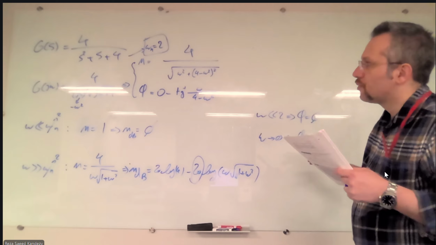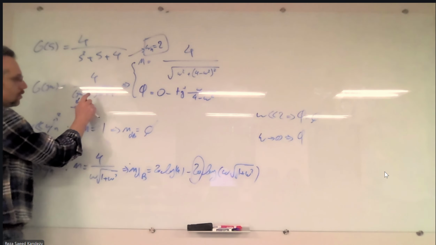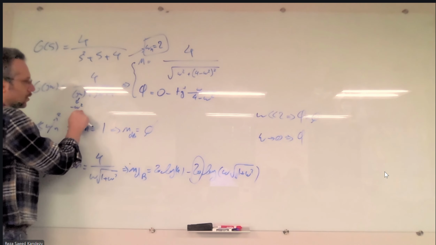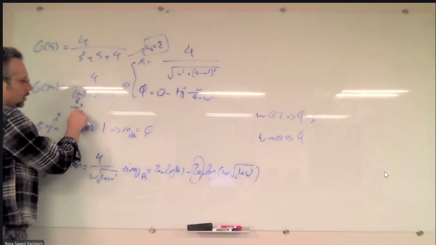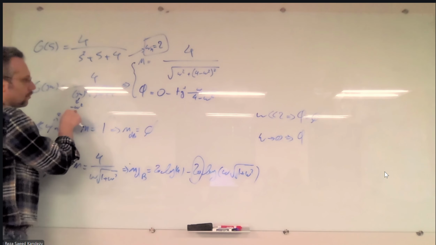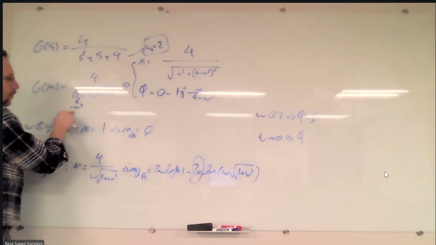If omega is way bigger than that, it is going to be j omega minus omega squared, which is minus j omega over 1. Okay, let's look at this part, okay?